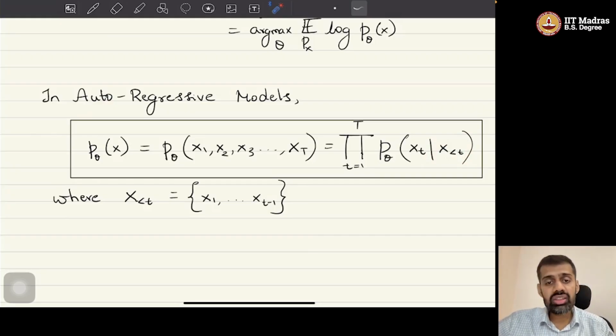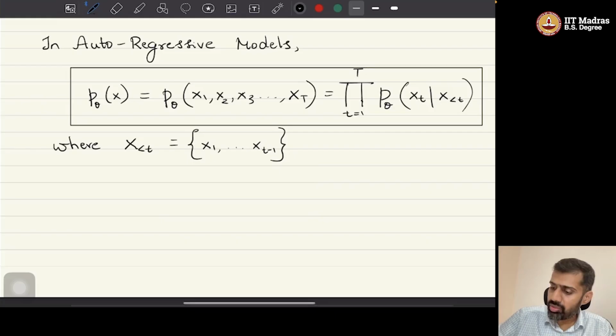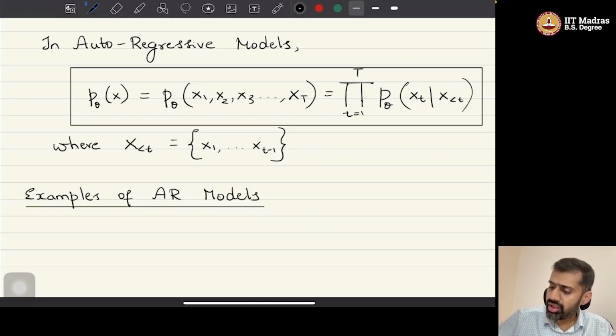So all the models that we just discussed, including GPTs and AR models and RNNs, belong to this particular family. How they differ from each other is the way they define the underlying p theta. So let us look at a few examples of autoregressive models. The first example that we will look at is what is known as the AR model, which is a classical AR model.